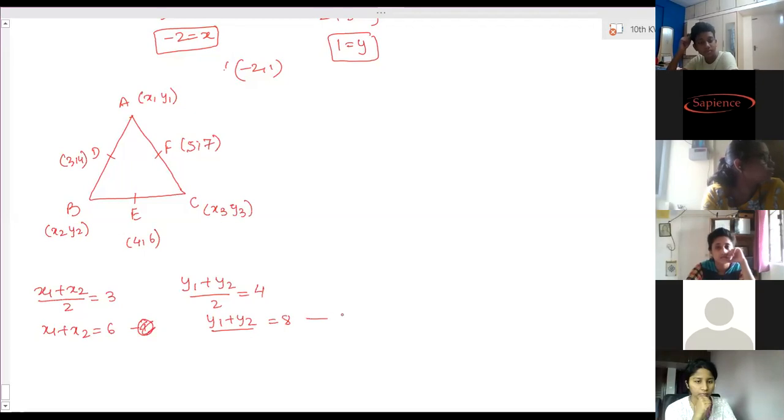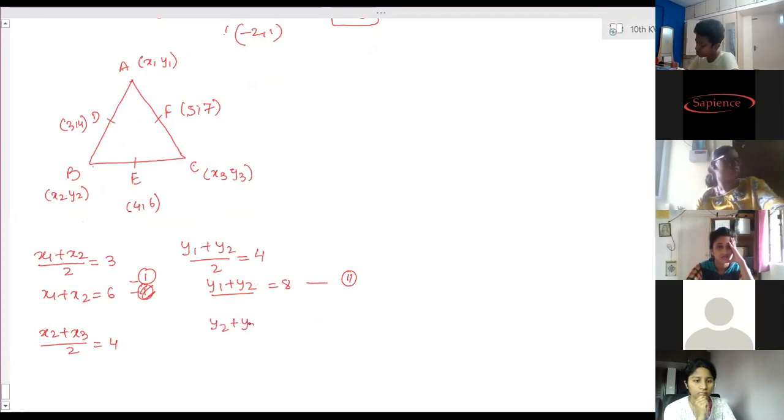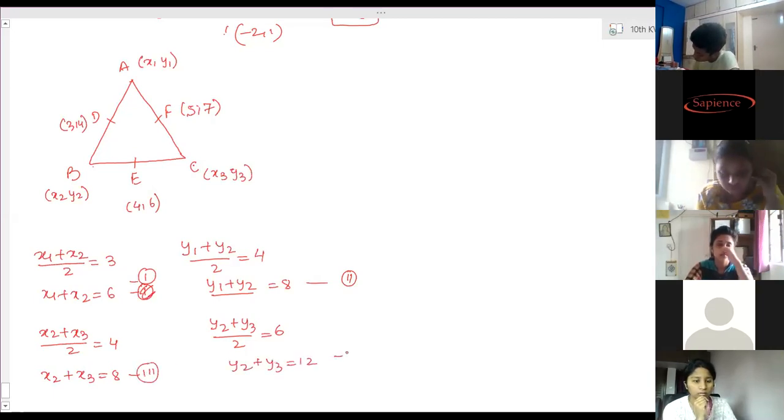Consider these as equations 1 and 2. Similarly, E is the midpoint of BC, so (x2 + x3)/2 is equal to 4 and (y2 + y3)/2 is equal to 6. So x2 + x3 is equal to 8; this is the third. y2 + y3 is equal to 12; this is the fourth.